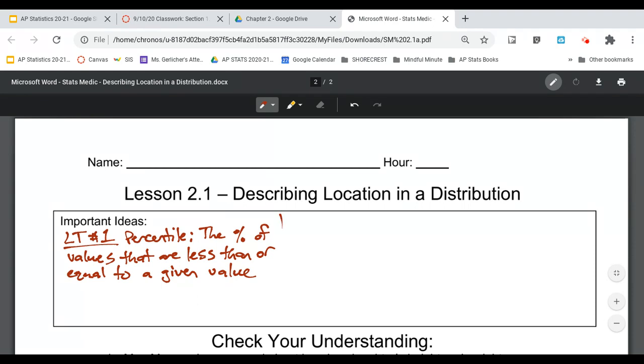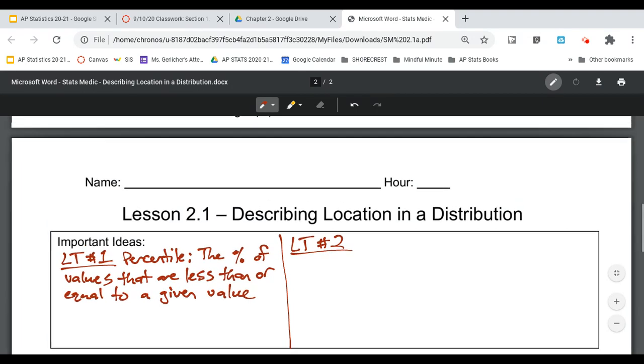Okay, and then learning target number 2 was about a cumulative relative frequency graph. And I wish they called these percentile graphs because that's all it is. Just a percentile graph, and that would be much easier to say.